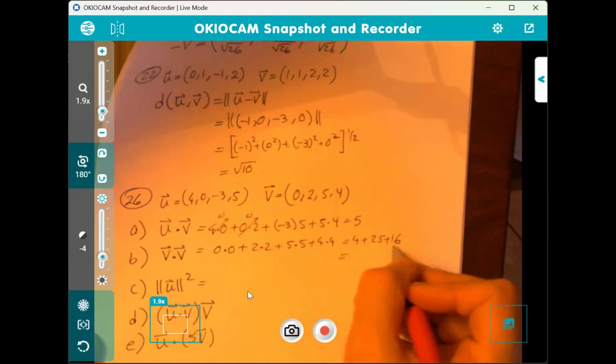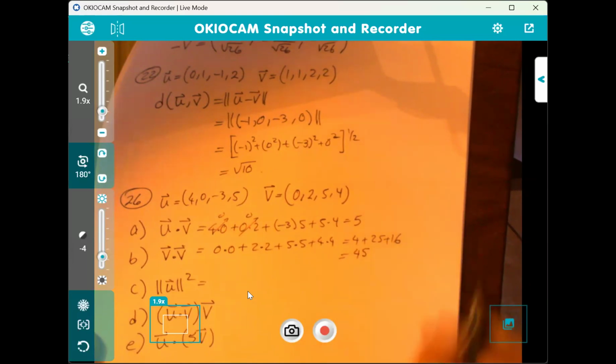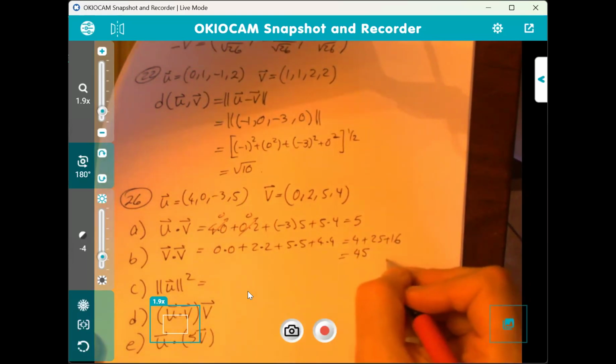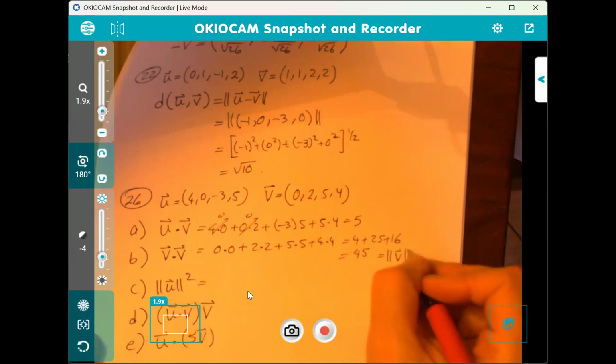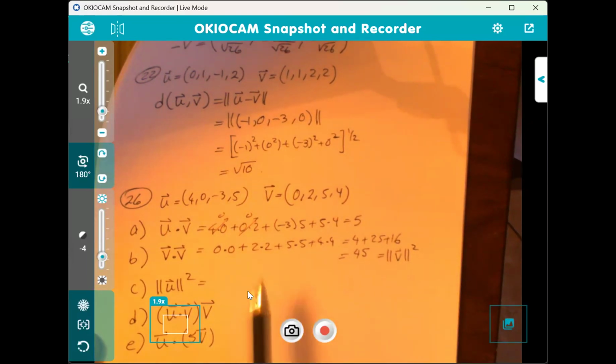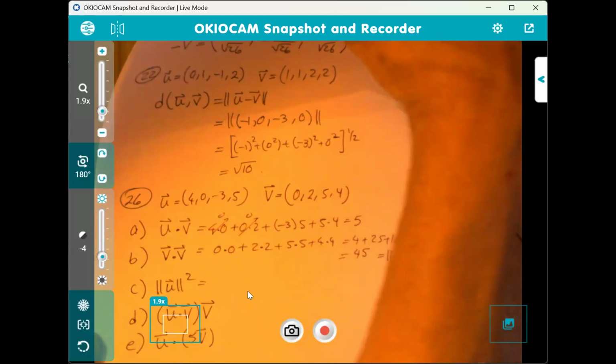And therefore, that's going to be 45. And just to note, that's the magnitude of v squared. Remember, for the magnitude of the vector, you square each component, add them up, take the square root. We don't have a square root here because it's just a dot product. So that kind of checks. That's going to be the magnitude of the vector squared.